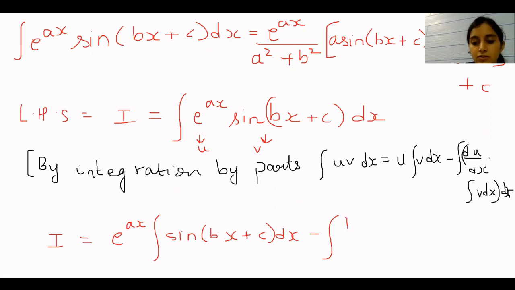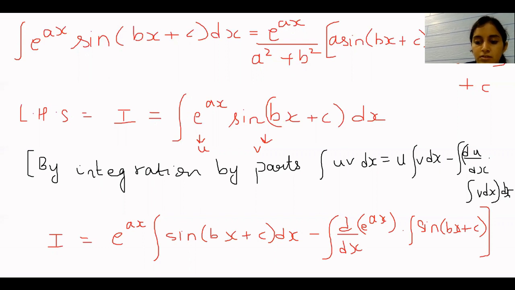So d by dx of e raised to ax into integral sine of bx plus c, whole thing, or rather let's put a round bracket here, dx, because there's an integration sign outside.